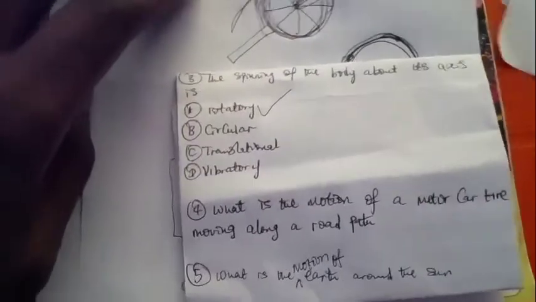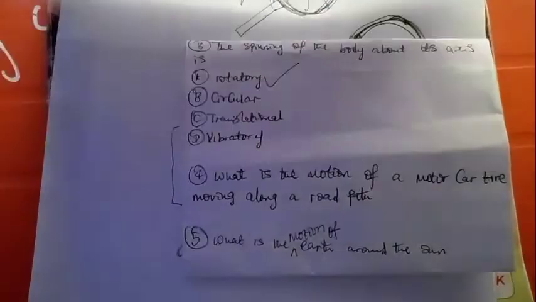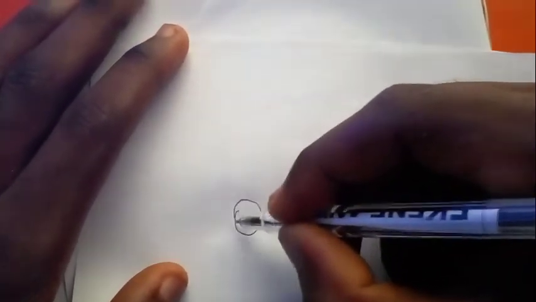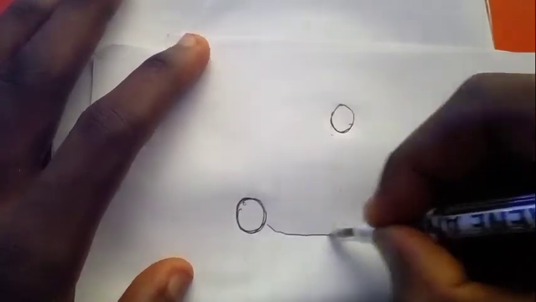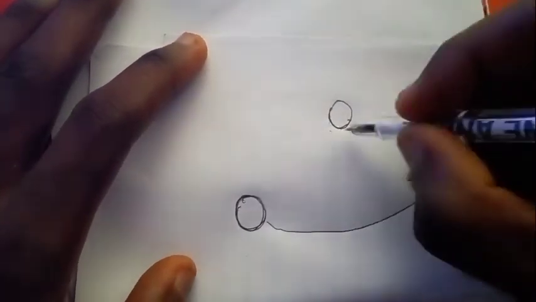First of all, the earth is rotating. And as the earth is revolving, it is also moving round the sun in a circular path. This is the circular path around the sun.